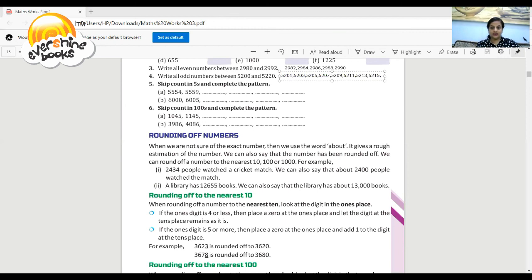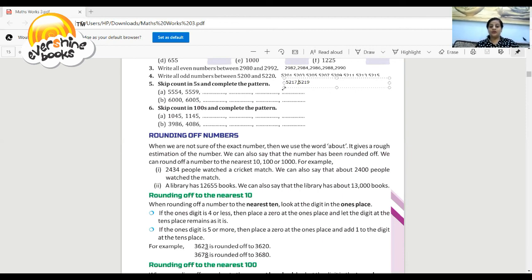Next it is not coming here, so we will write it down now: 5217. And the last number is 5219. This is the last number with the comma. Okay. Now skip counting.